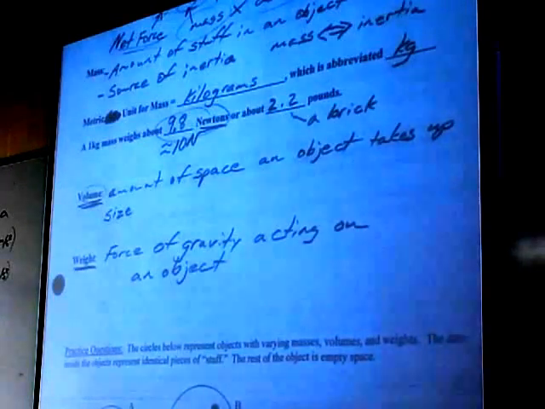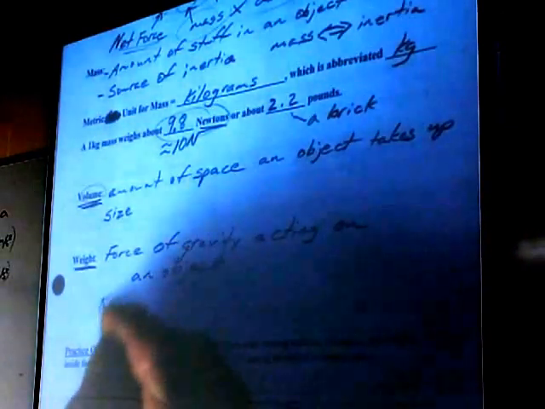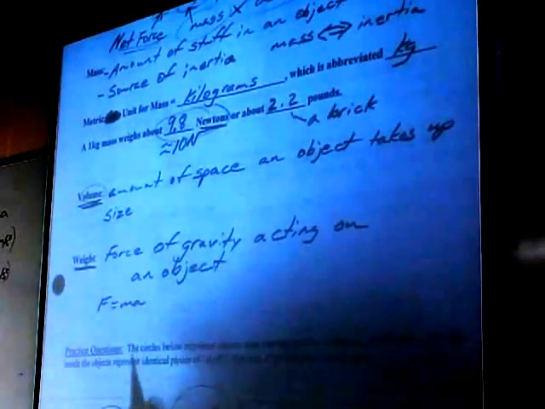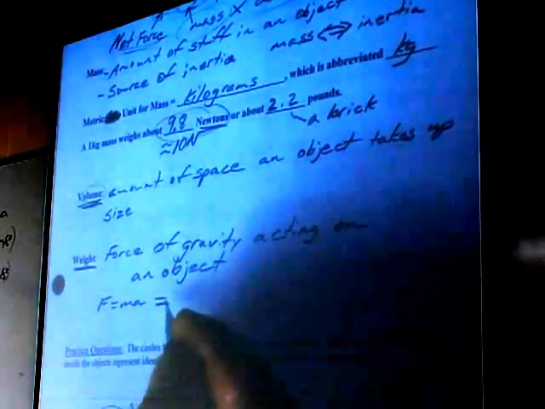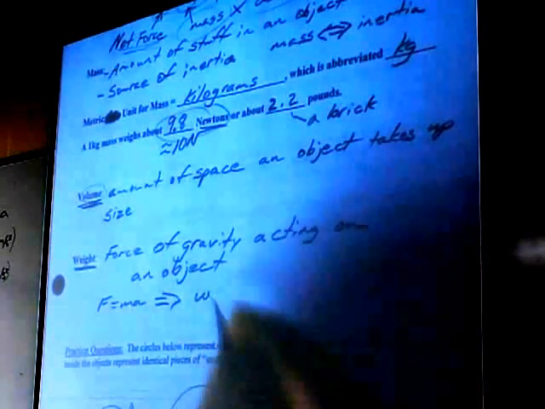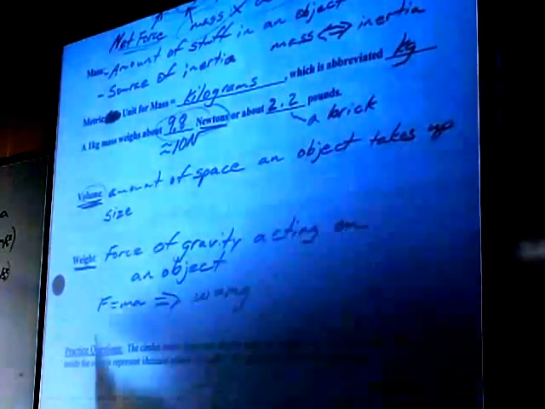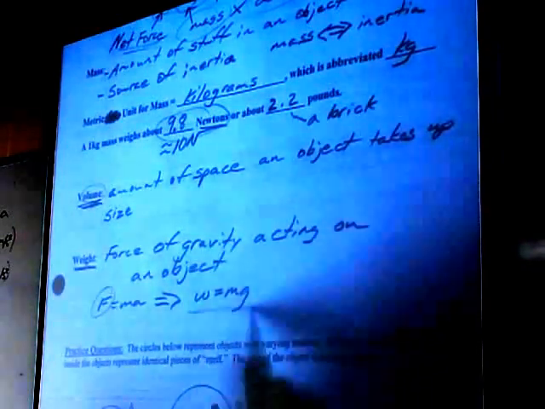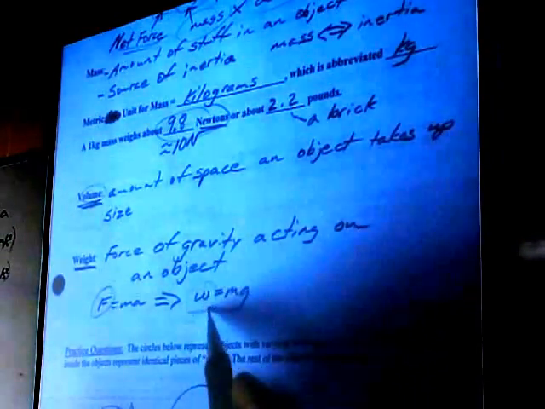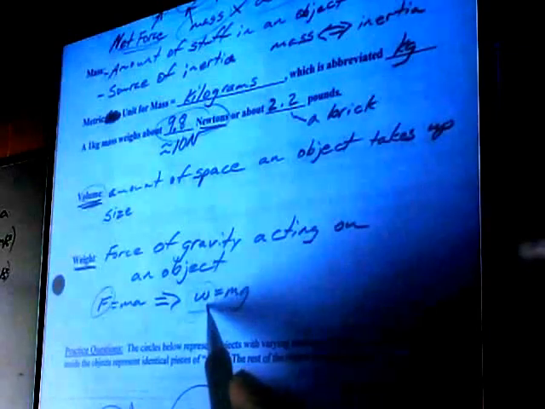You don't have to really write this, but the general formula for force is F equals ma. F equals ma can become W equals mg. So instead of F in this specific formula I've got W, which stands for the force of gravity. So it's still a force.